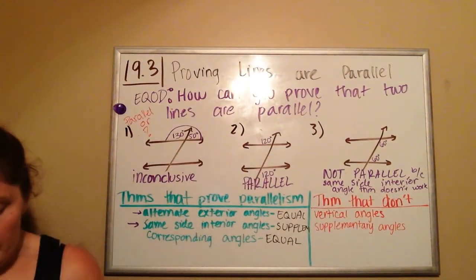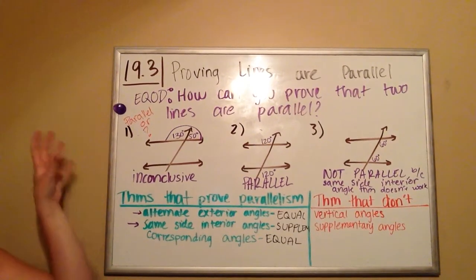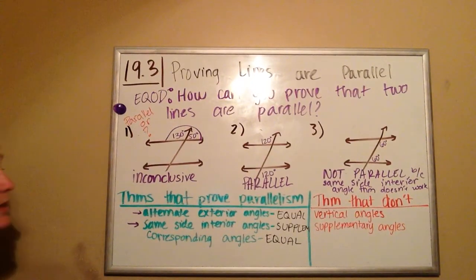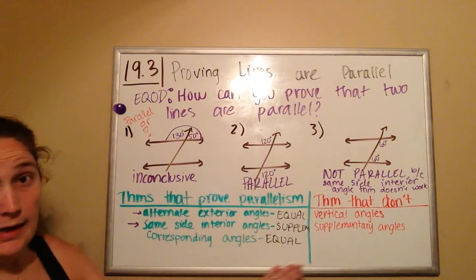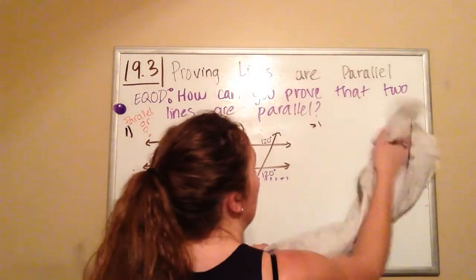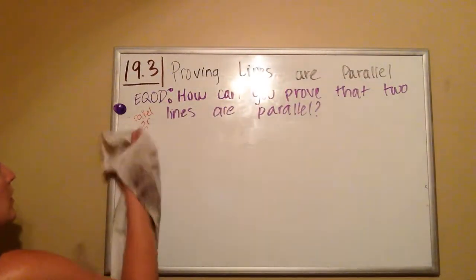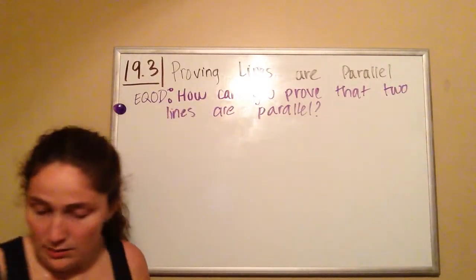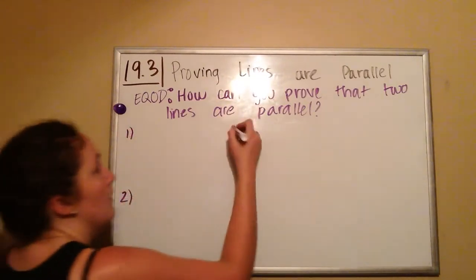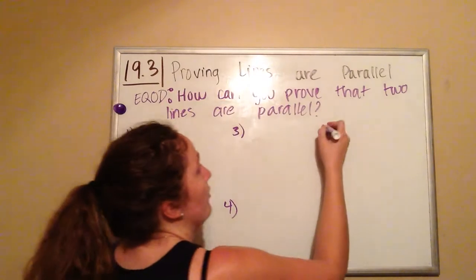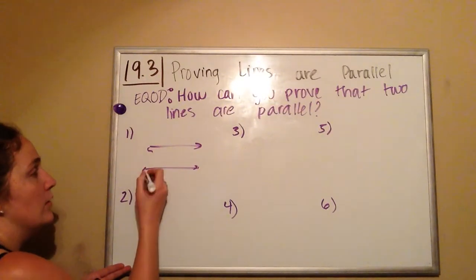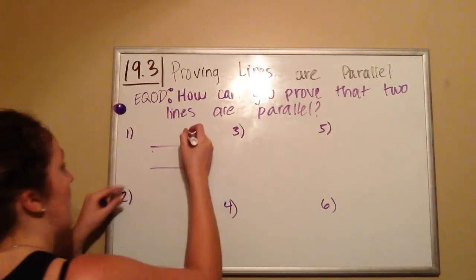Alright, so that's really as simple as this whole section is going to get. You need to be able to tell me, are they parallel? Do we not know? Or are they not parallel? So I'm going to give you 6 of them to do on your own. If you haven't got this down, make sure you get it down because you're definitely going to need that. Okie dokie. Alright, we're going to do 6. Remember, it's going to be the exact same diagram for all of them. You're telling me parallel, not parallel, or inconclusive. I'm going to be lazy and not draw the arrows.